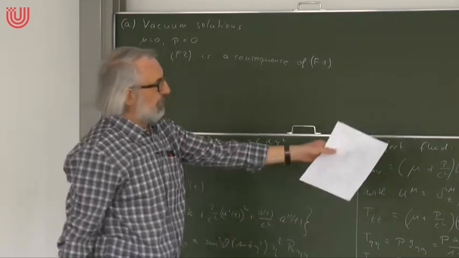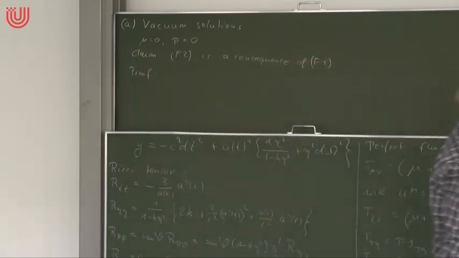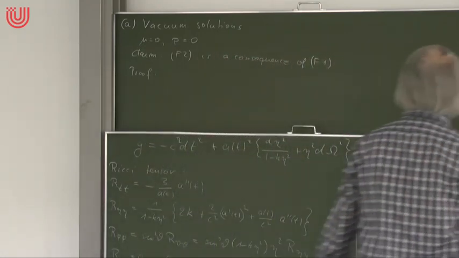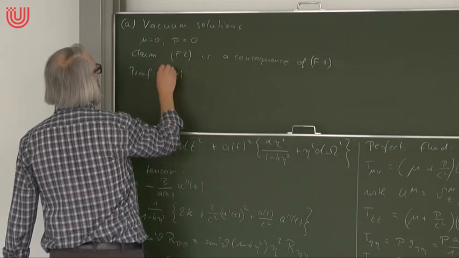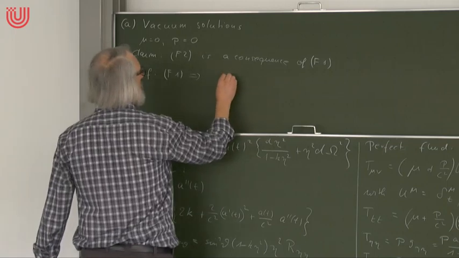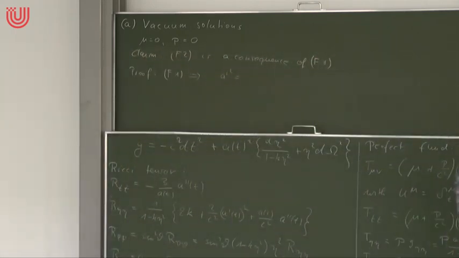So if I write down F1 for vacuum, let me solve this for the derivative a prime. So F1 implies that a prime squared is what? I take everything else to the other side, so I multiply with a squared over 3.